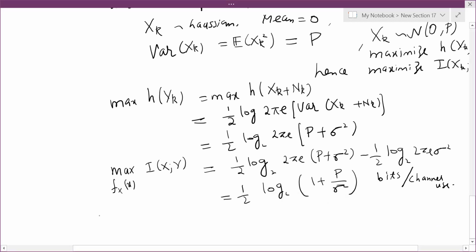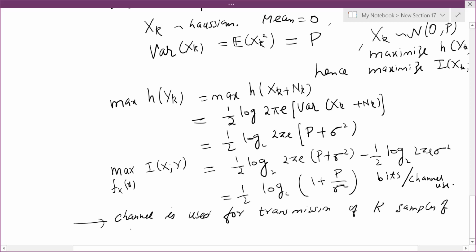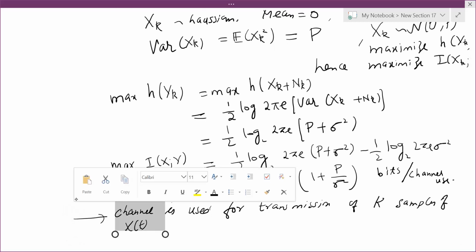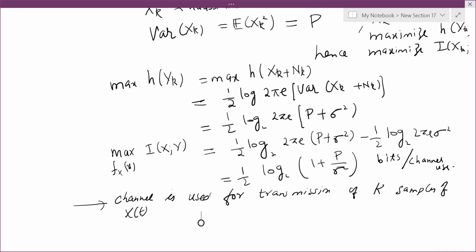Now, how many times is the channel used? The channel is used for transmission of k samples of the process x of t. We told you initially that we are basically sampling it, for t seconds.